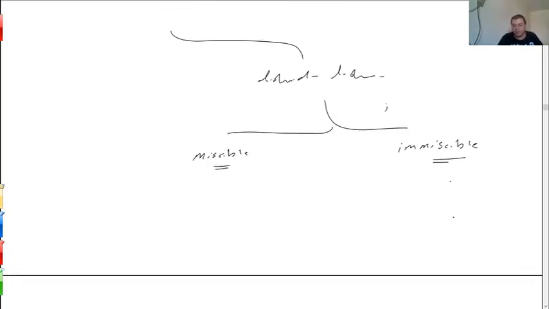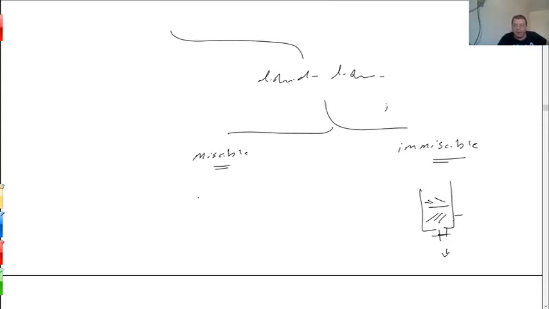If they are immiscible, it's easy. I have oil and water, forming more than one layer. So this one will be the water, and this one will be the oil. Easy, you get a separating funnel. Open this tap, the water will get out first, and then the oil.